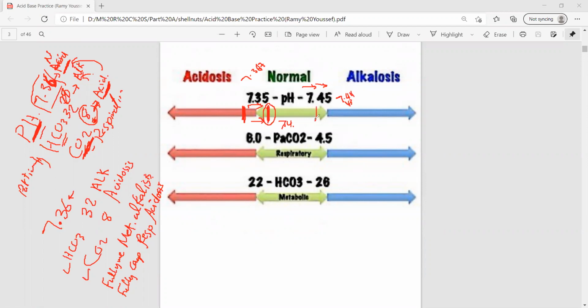So if you found it in the 44, the problem is mainly alkalotic and the compensatory acidosis pushed it to the safe range.